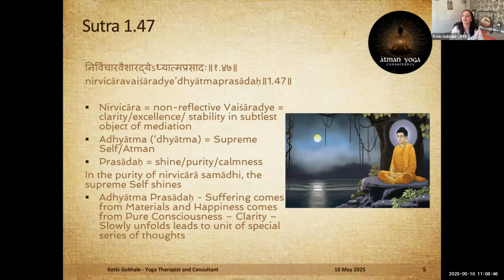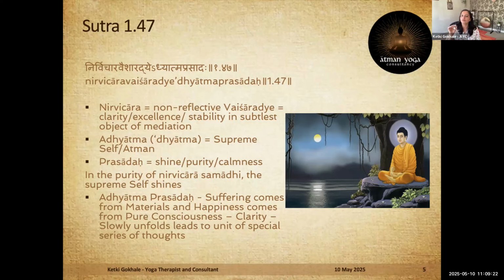Nirvichara is the last stage of all these states of samadhis, non-reflective. Vaisharadye: at that stage, a yogi's chitta gets clarity, or is at its highest state of excellence or stability in the subtlest object of meditation.